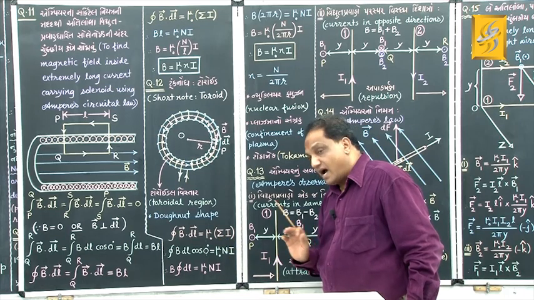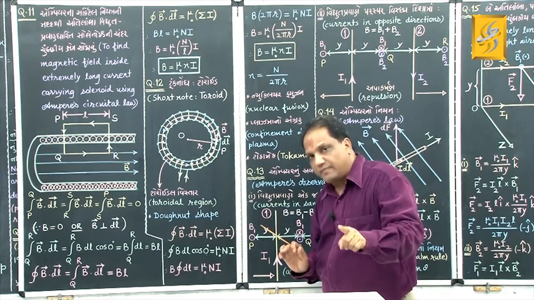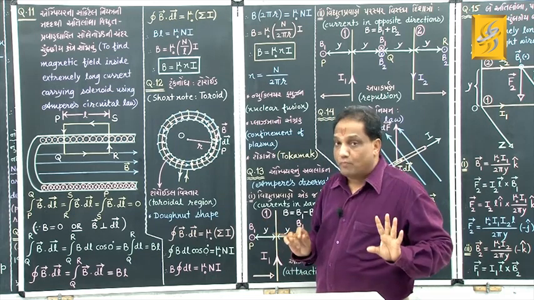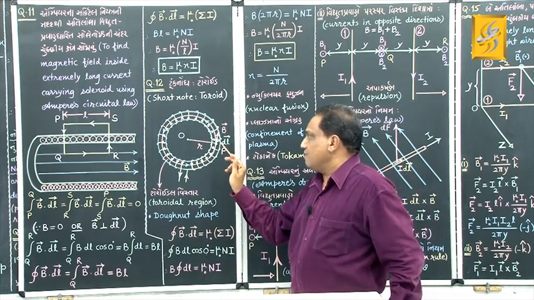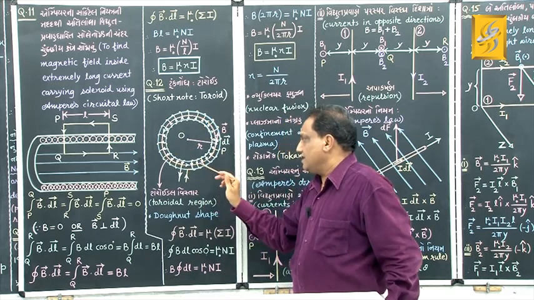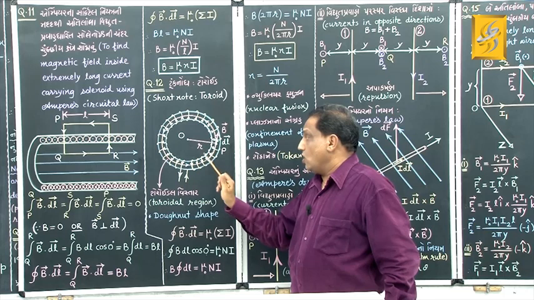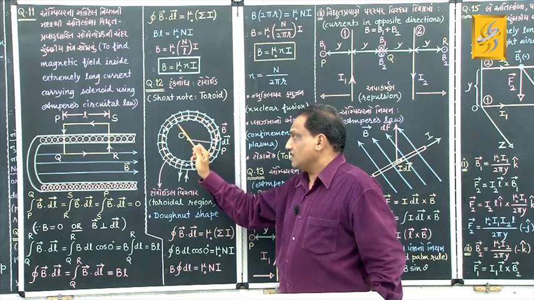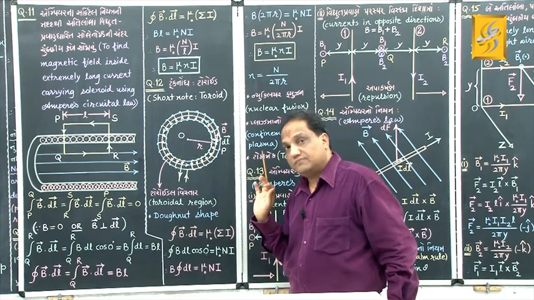What do you mean by sigma I? It is the algebraic summation of electric currents enclosed by the considered Amperian loop. Right now the considered Amperian loop is this, and you can see it encloses all these currents which are passing through the total number of turns which are wound over the toroid, correct?